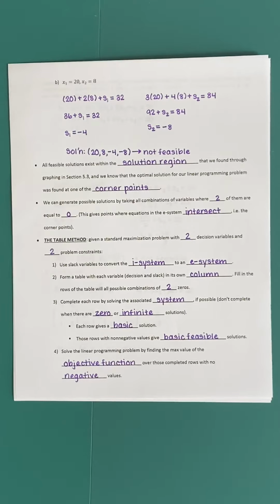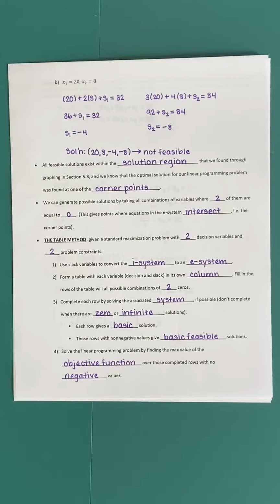We come up with all the different combinations where two variables could take on a value of 0. Each of those combinations gives us a system where we have to solve for the remaining variables. Once we solve all of the rows, the feasible solutions are the rows where none of the values are negative.